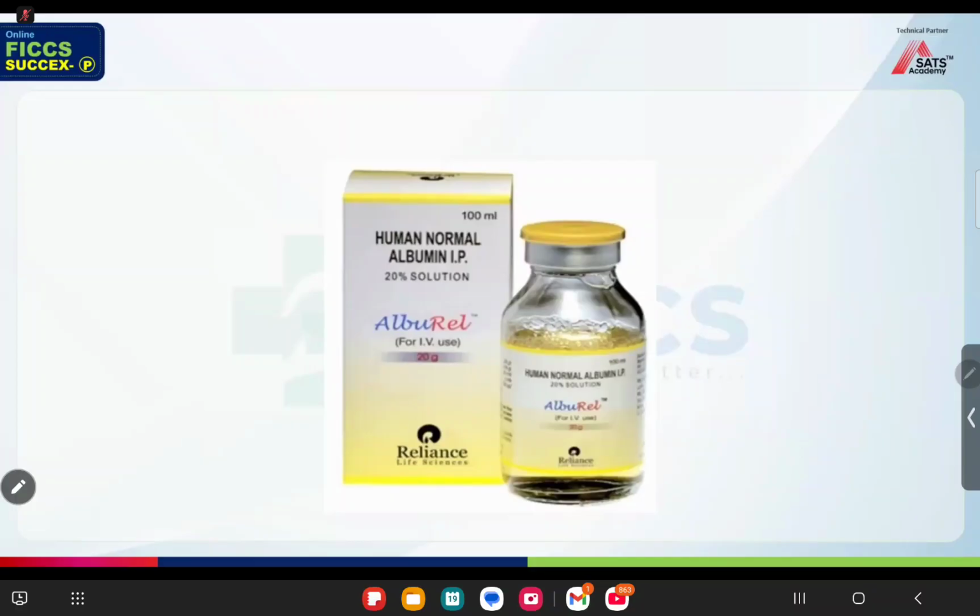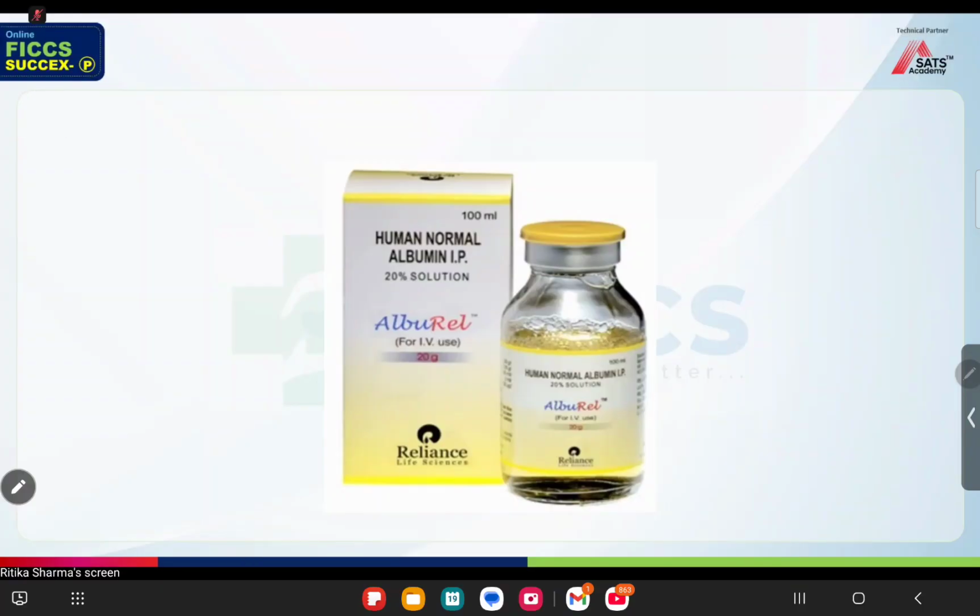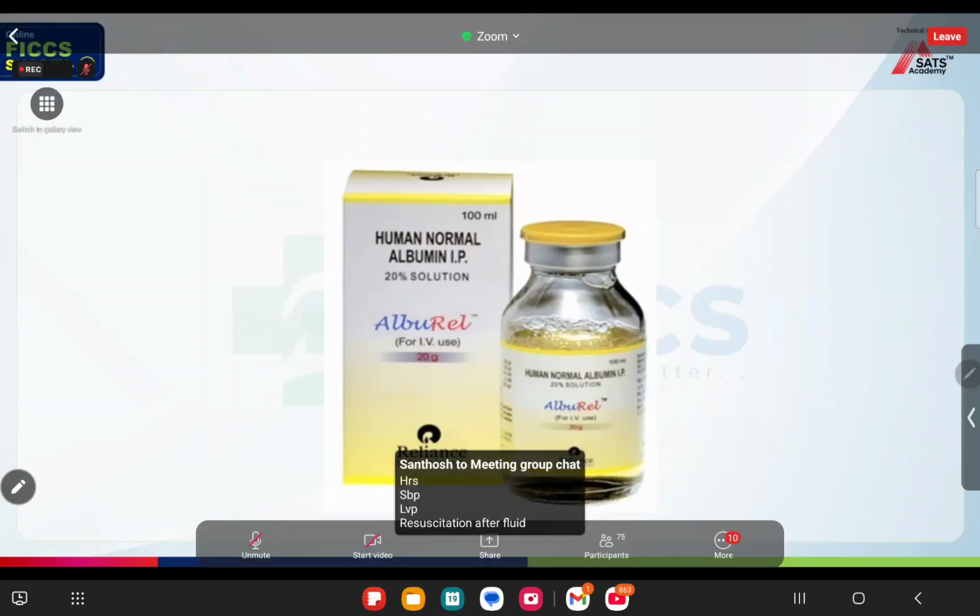What is this? This is 20% human albumin. What are the indications of albumin infusion? Ma'am, in ICU the indications are large volume paracentesis, SBP, and replacement fluid in plasma exchange.